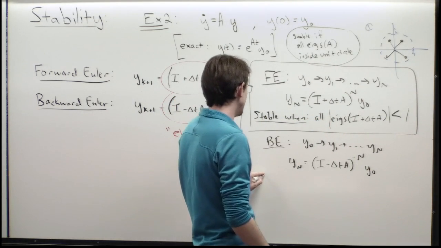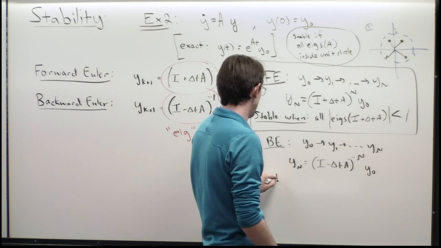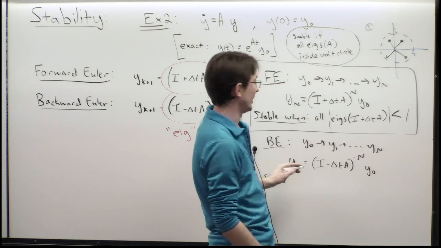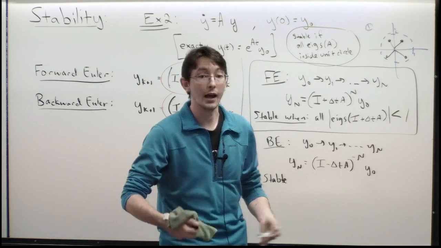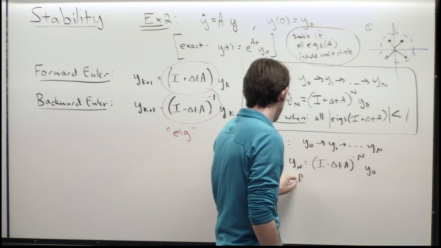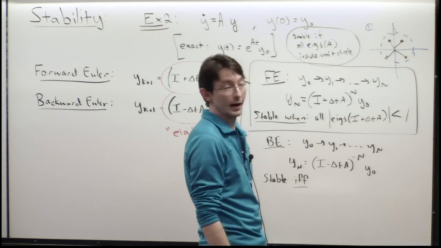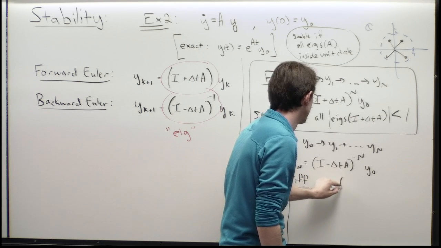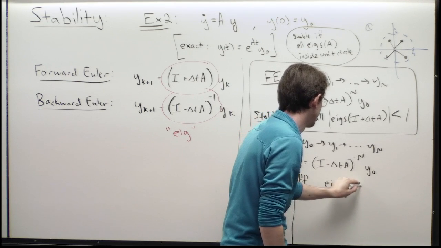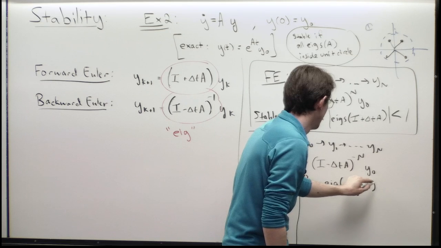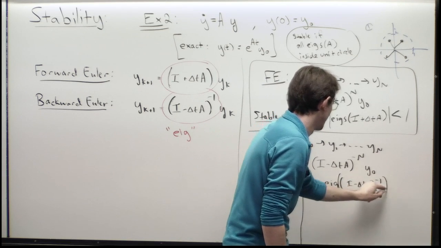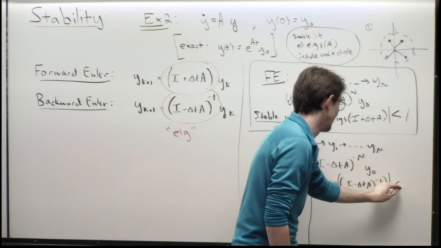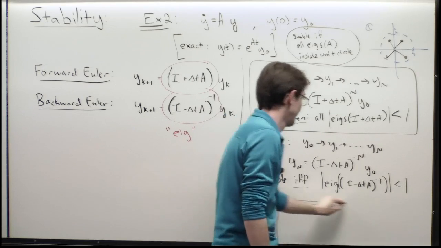Okay, and this is stable if and only if, that's an if with two f's, the eigenvalues of I minus delta t A inverse have magnitude less than 1 in the complex plane.